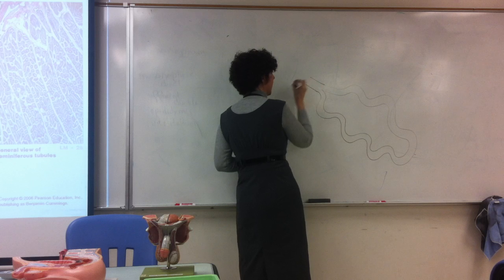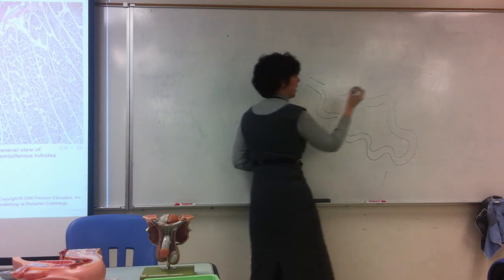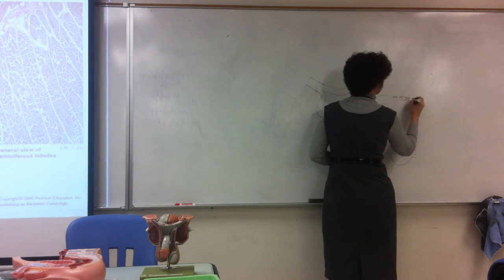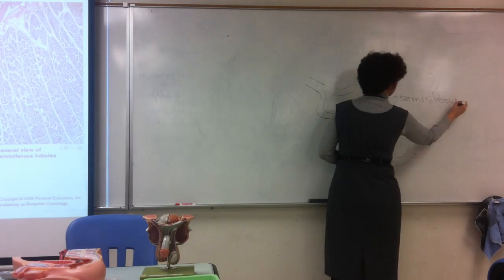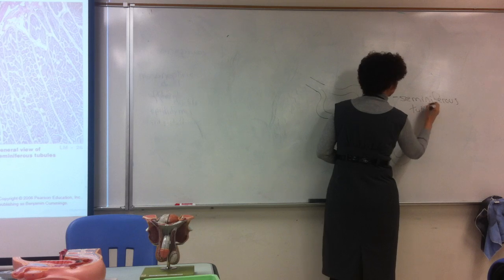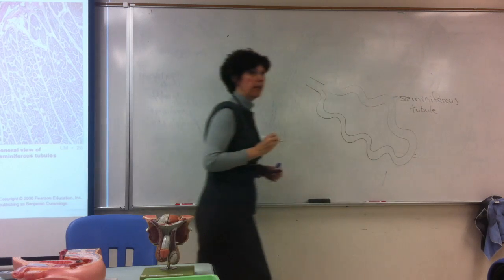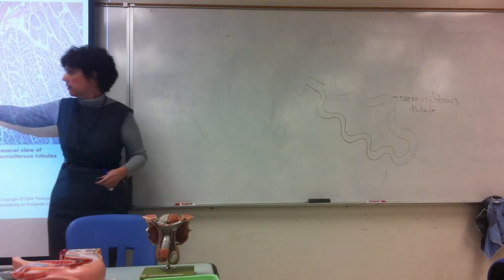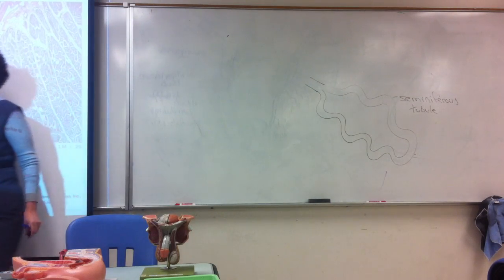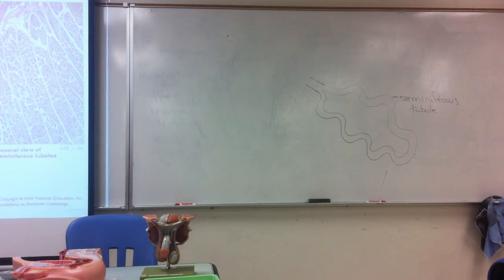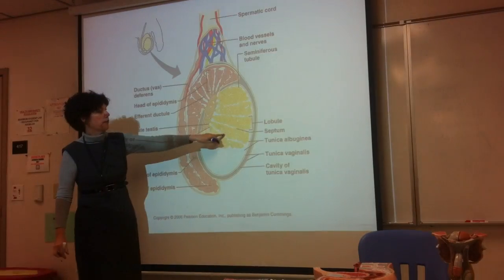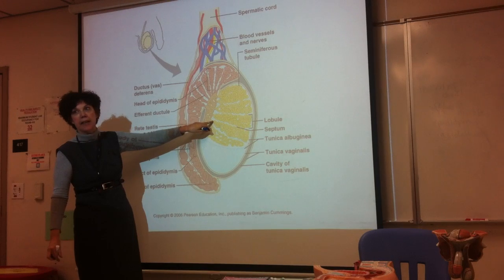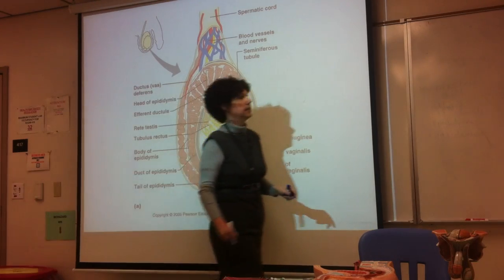Then the two tubules come together to form a single pathway. So that one of those would be a seminiferous tubule, these structures here. Right? Here we have two seminiferous tubules joined together to form a single pathway.